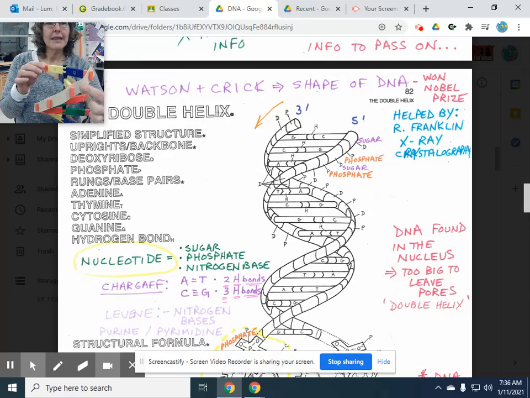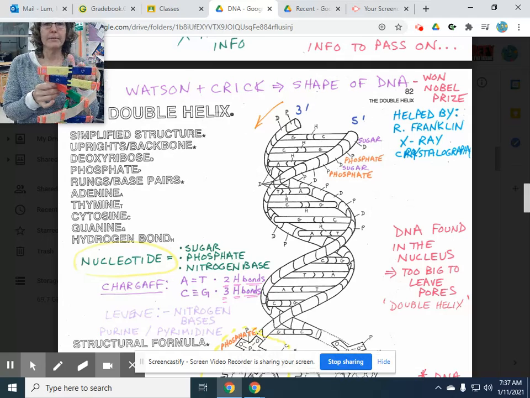The outside of my ladder is made up of sugars and phosphates, and they alternate sugar, phosphate, sugar, phosphate, all the way down along both sides. The rungs of my ladder, kind of like where your feet would go if you were walking up a ladder, are made up of my nitrogen bases. If I said, let's look at a nucleotide: a nucleotide is one sugar, which is this orange piece here. In DNA, it's deoxyribose. One sugar, one phosphate, one nitrogen base.